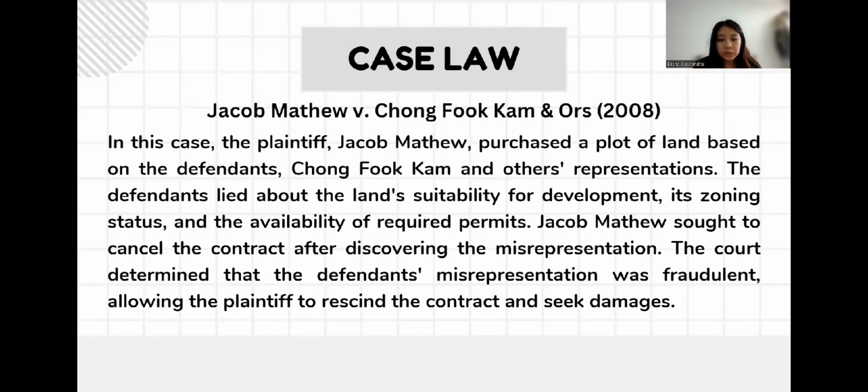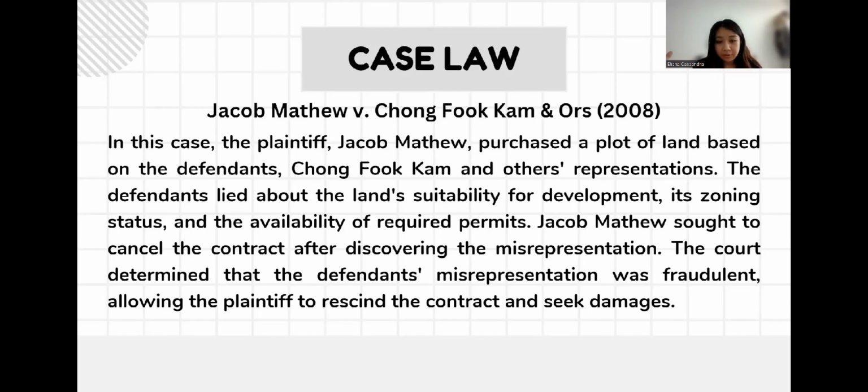So during the negotiation, the defendant made several representations about the land's suitability for development, its zoning status, and the availability of necessary permits.